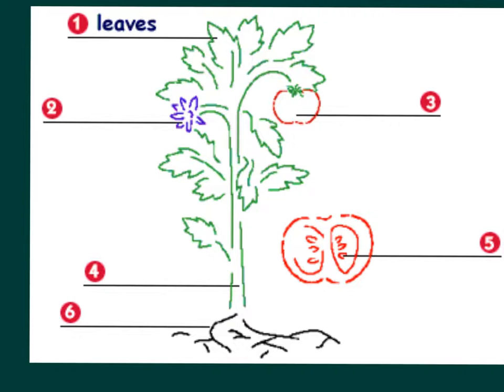So, as we've talked about all these, let's look at the different parts. We have the roots down at the bottom. So these are our roots. And from the roots, it leads up through the stem.